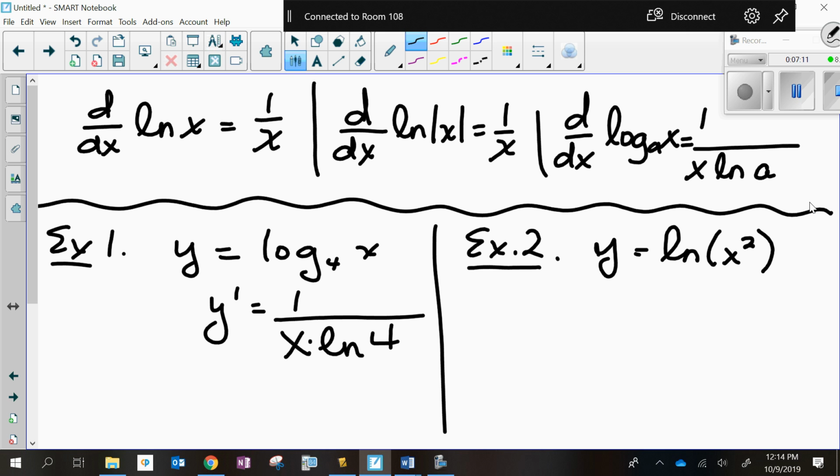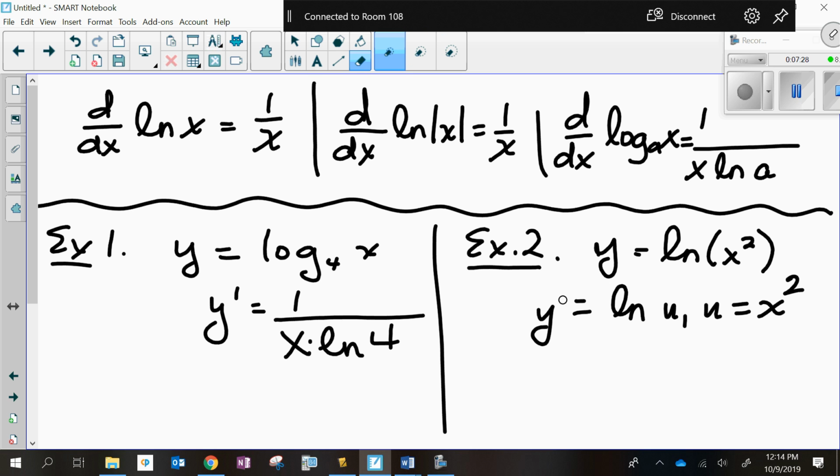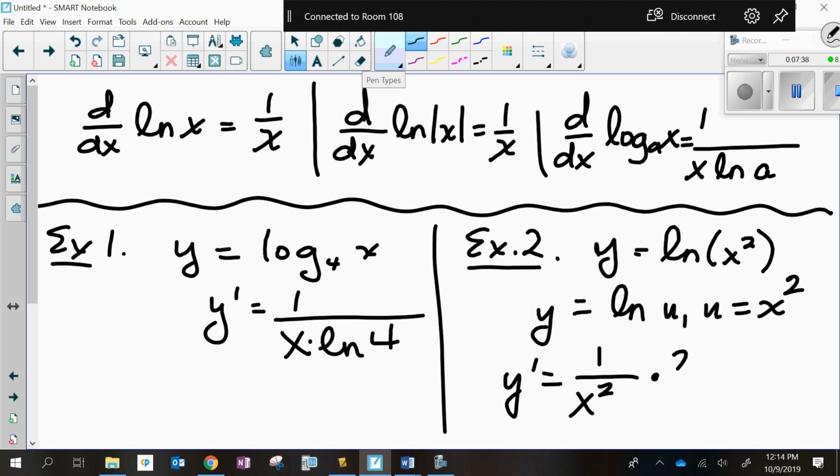What'd you get? y prime equals 1 over x squared times 2x. The x cancels, 2 over x.